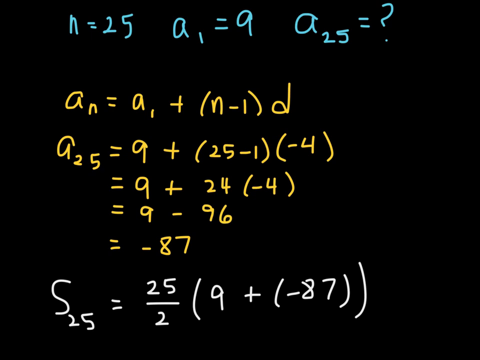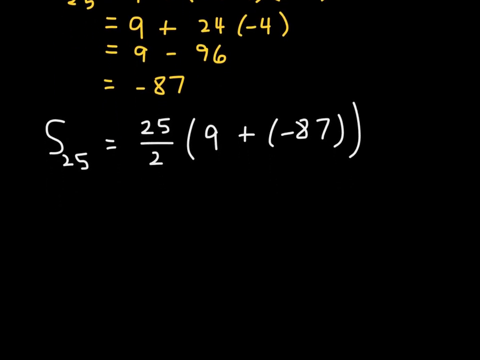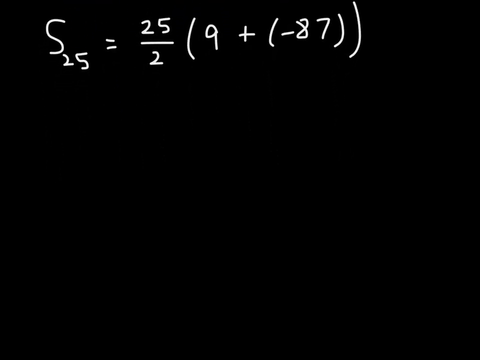Cool. Let's do this arithmetic, and then we'll be done. So then this is equal to 25 halves, I'll leave it as improper for now, times negative 78. Okay, and then we can cross cancel.